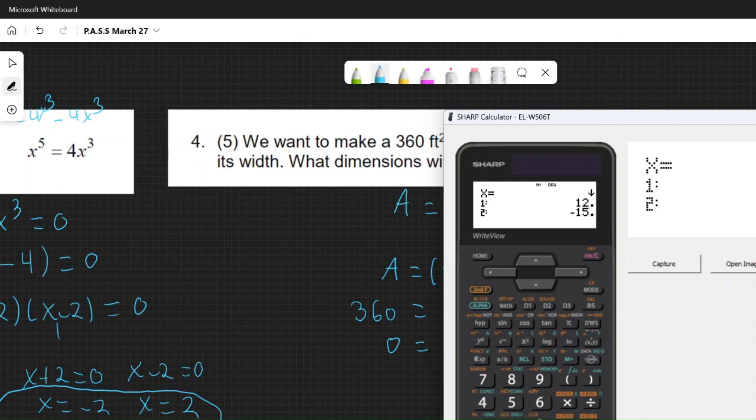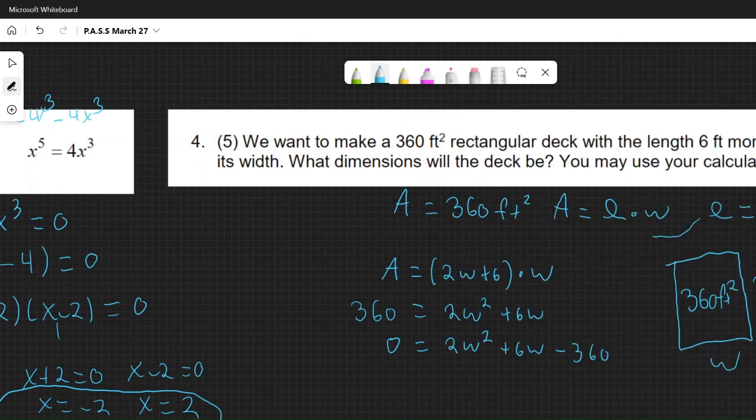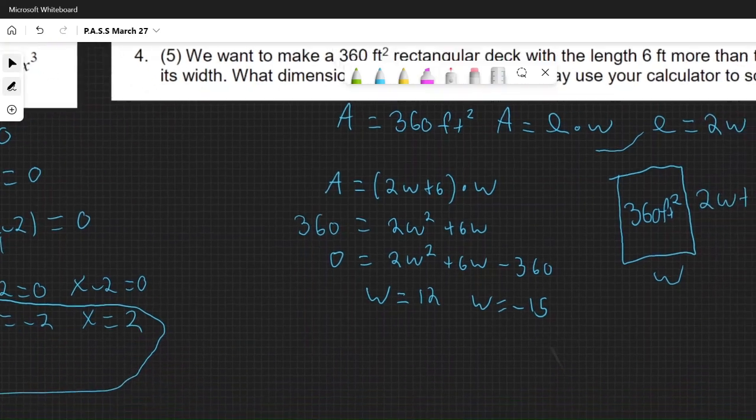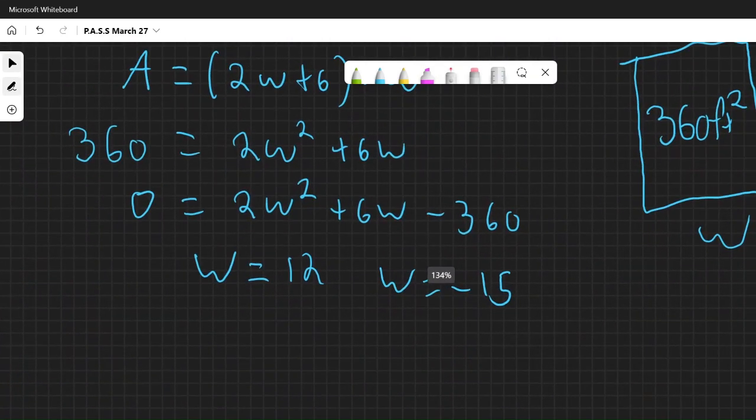Then we got 12 and negative 15. So w equals 12, w equals negative 15. The thing is, you can't have a negative length, so w cannot equal negative 15, and that's an extraneous answer.